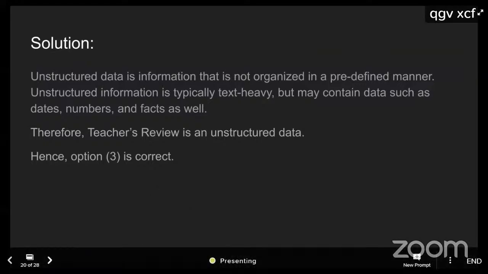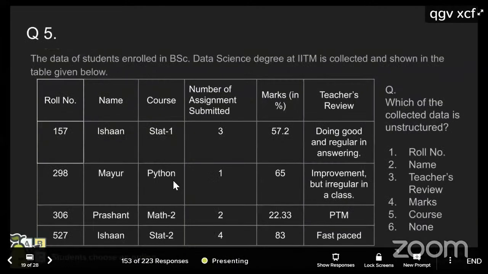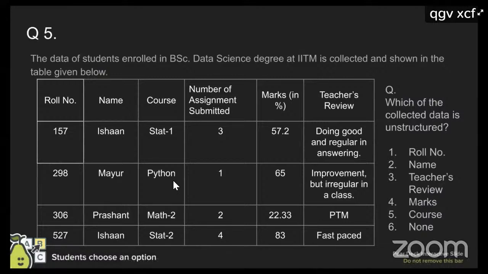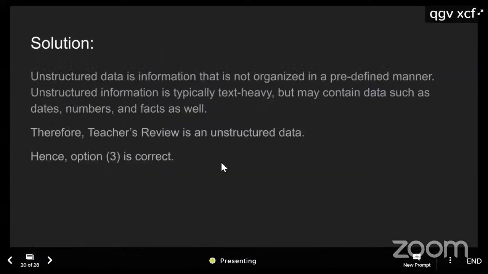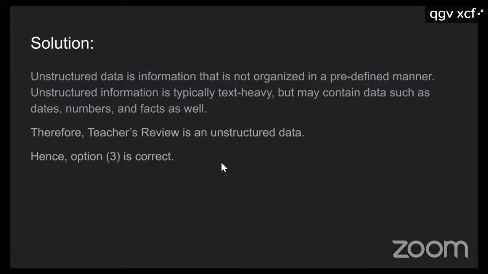Here, the teachers review cannot be organized in a predefined manner. It can be anything: doing good, regular in answering, improvement, regularly in class, fast paced. So this is unstructured, not defined in an organized manner.